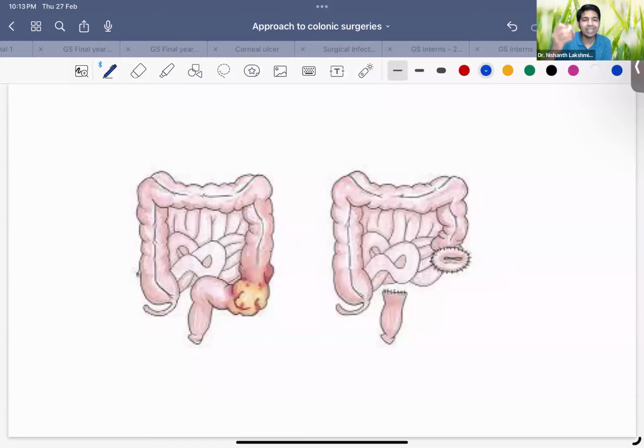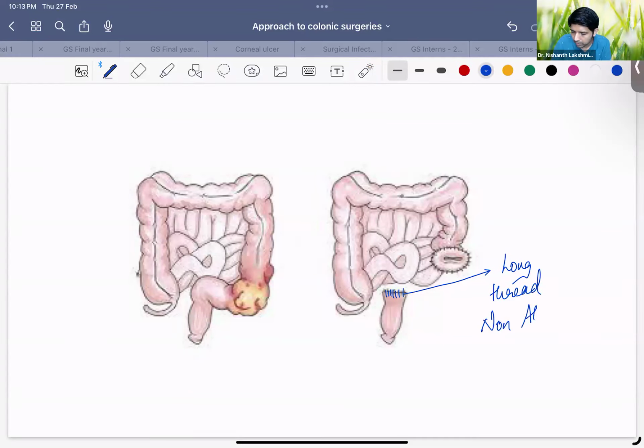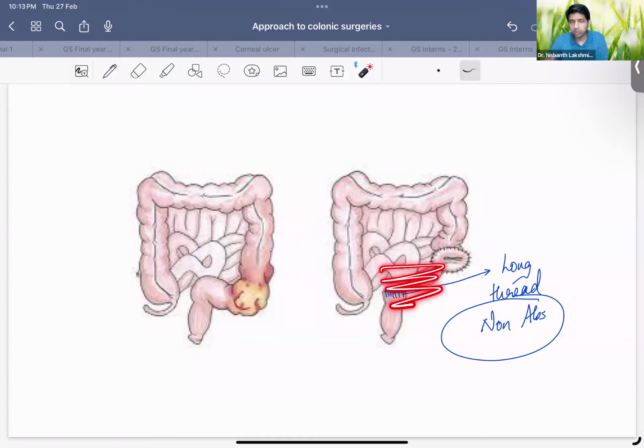Only thing, technically what I want you guys to remember, after closing the stump, leave a long thread, preferably non-absorbable. Because after 3 months, when you go back in to operate, all this is raw surface, right? So small bowel will go and sit on it.